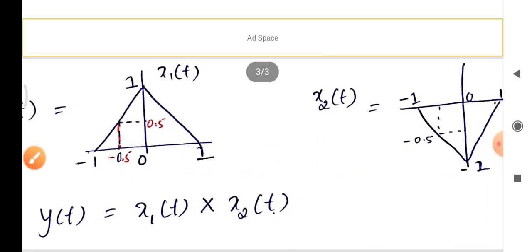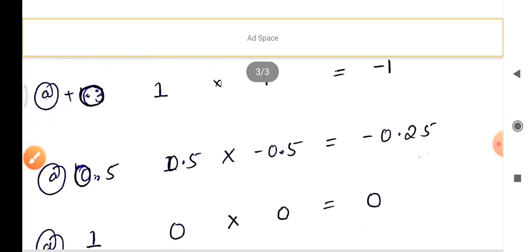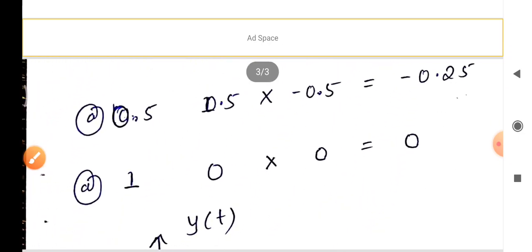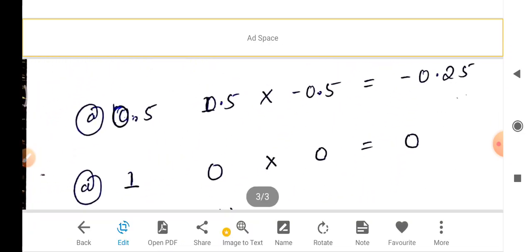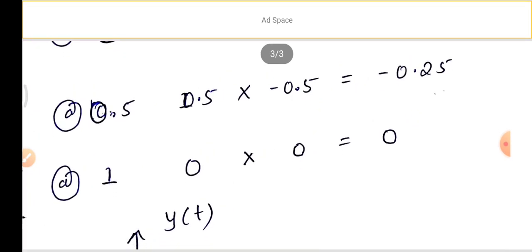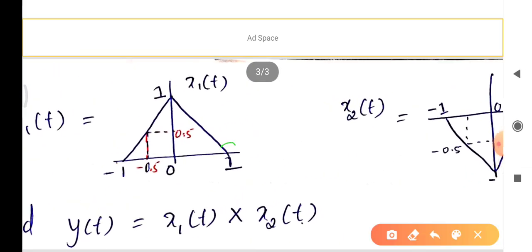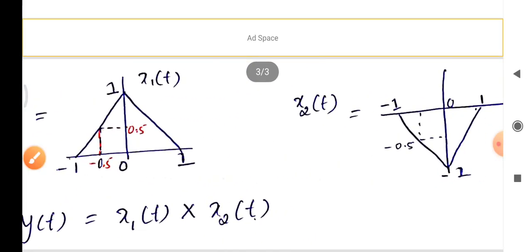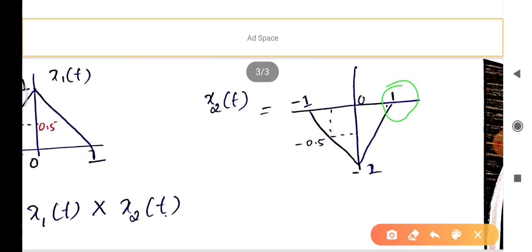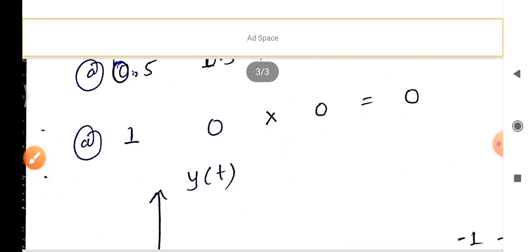The second signal is -0.5. So at plus 0.5 you have 0.5 into -0.5, which gives us -0.25. And then at 1, the first signal value is 0 and the second signal value is also 0. So at 1 you observe 0, 0.